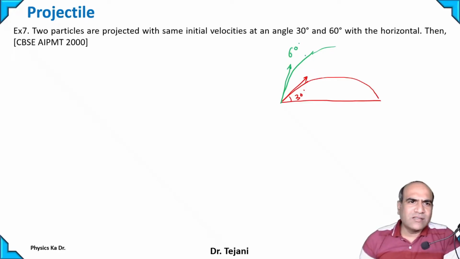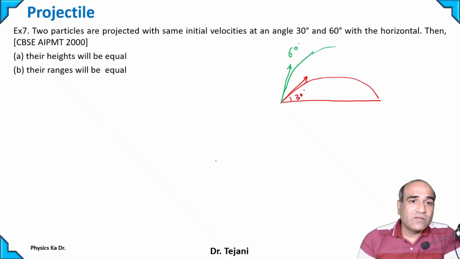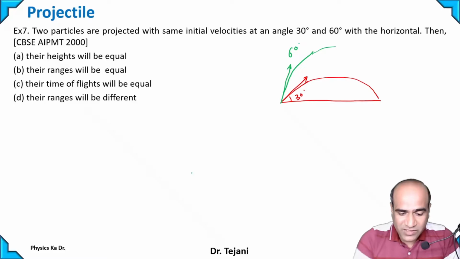The options are: their heights will be equal, their ranges will be equal, their times of flight will be equal, or their ranges will be different. So four options are given.